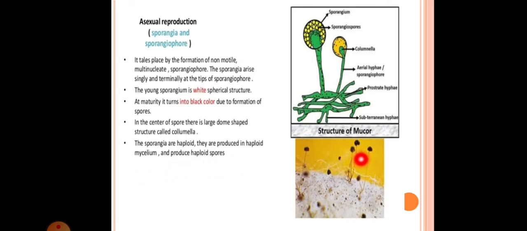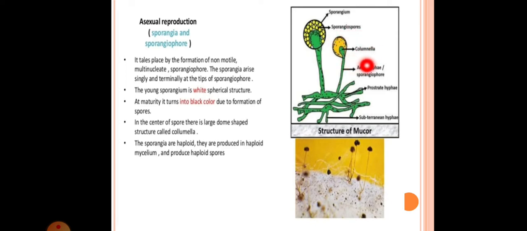So here you can see the overall structure. These sporangia are multinucleate and non-motile, produced terminally at the tip of the sporangiophore. This is the sporangiophore, this is the sporangium, and this sporangium produces the sporangiospores.